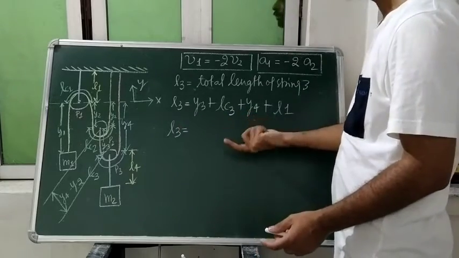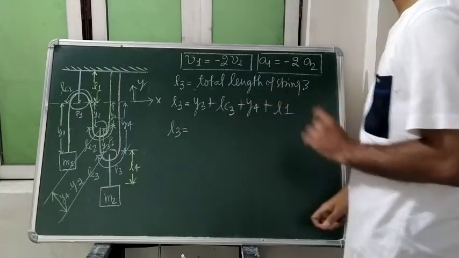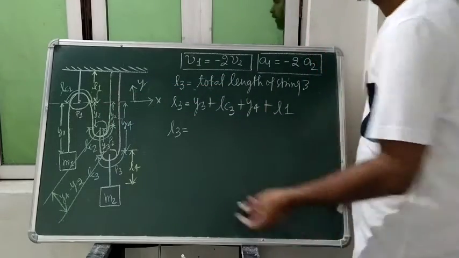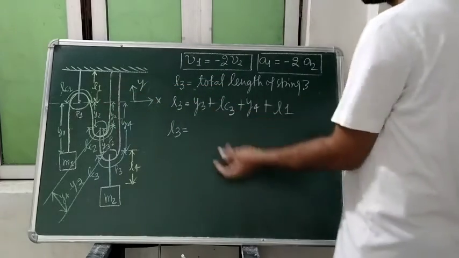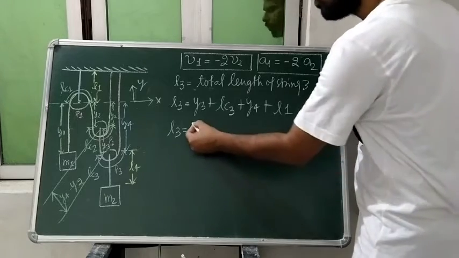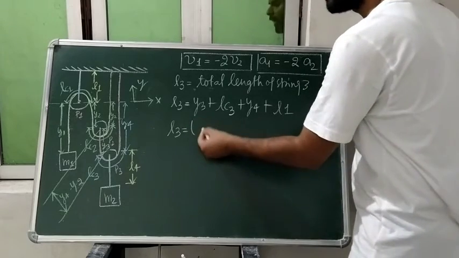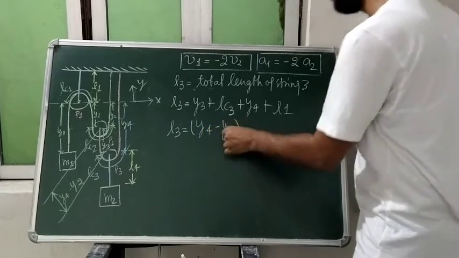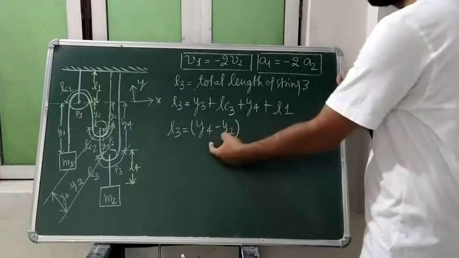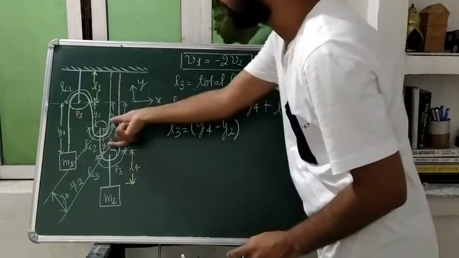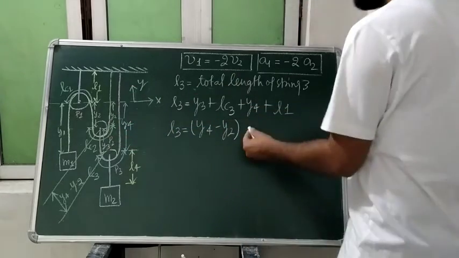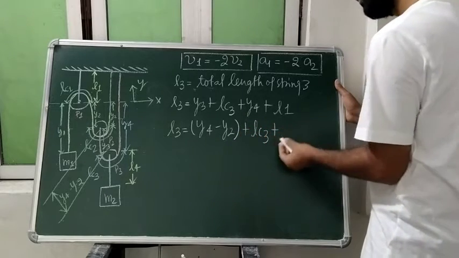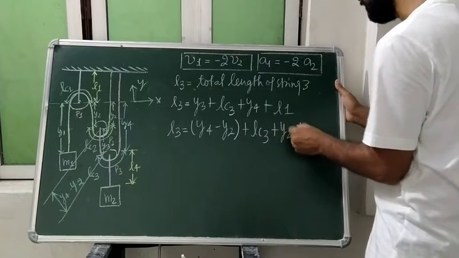By doing this, I can find the relation between 2 and 4. So in place of y3 we write y4 minus y2, plus this LC3, plus this y4, plus this L1.